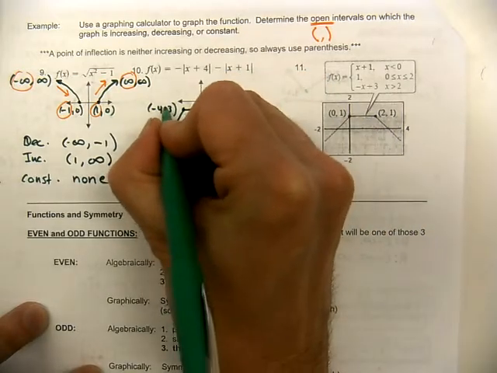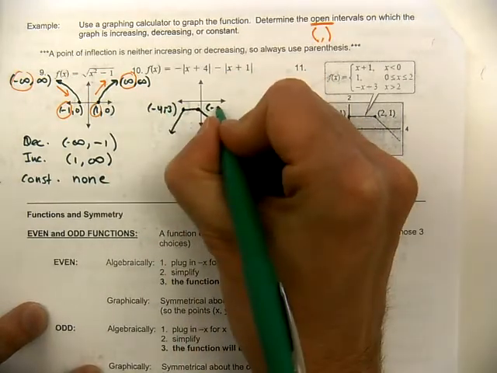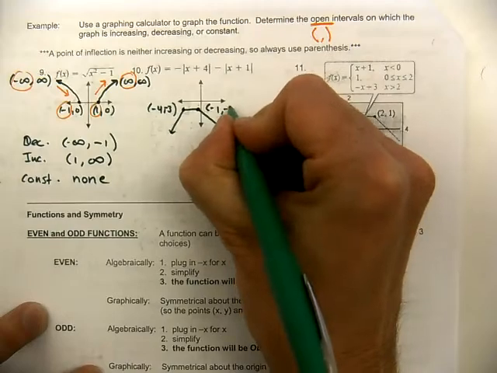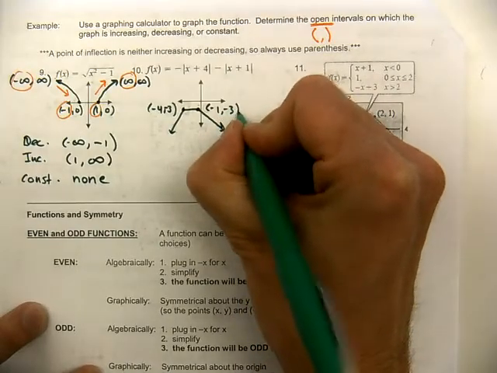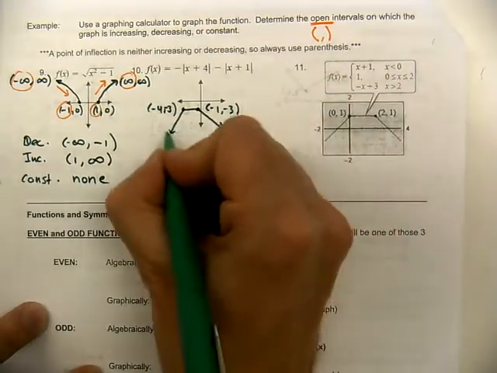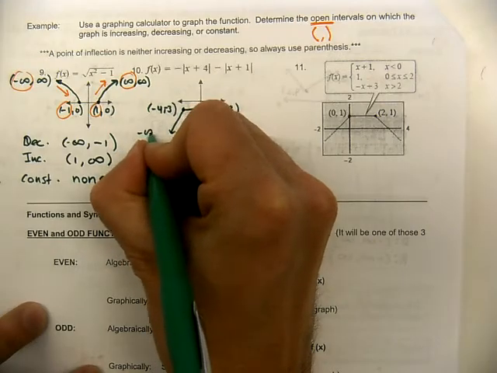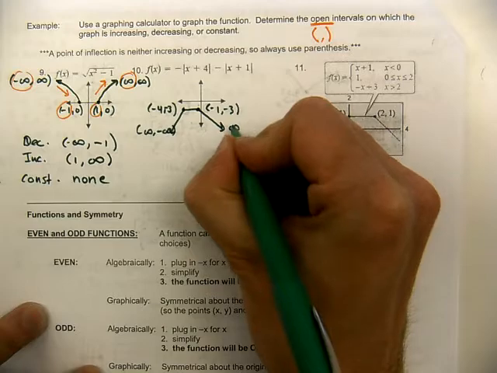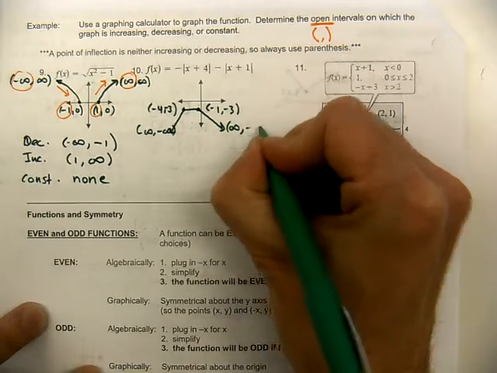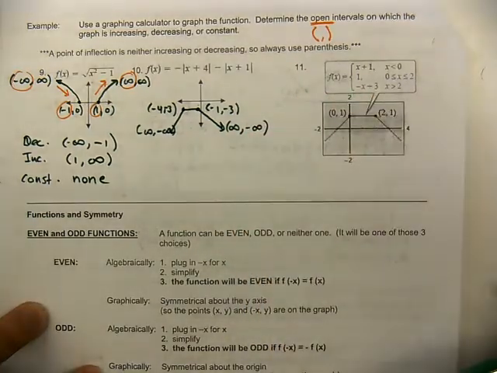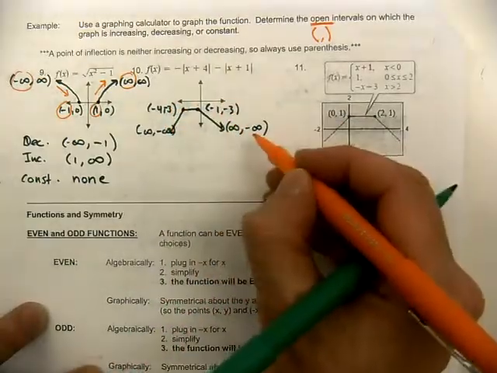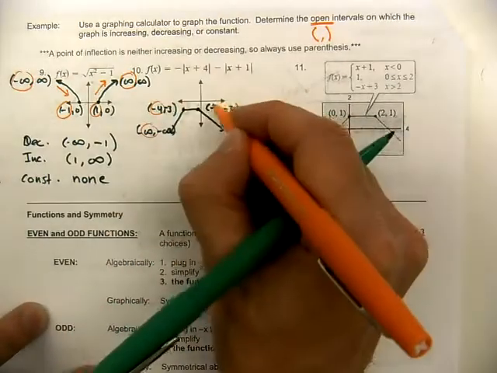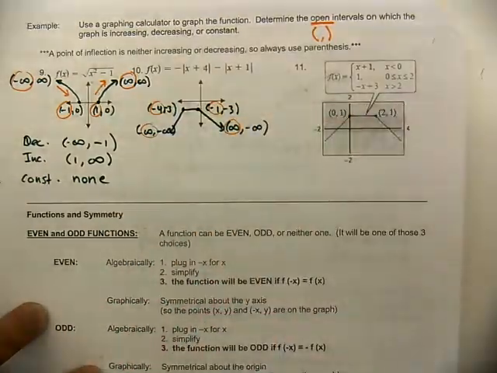And this is at -1, -3 as well. Again, take a look at the ends. We have -∞, -∞ on the left, and on the right, +∞, -∞. Now, once you have all of those ordered pairs, circle the x-coordinates, and that's all you're allowed to use.